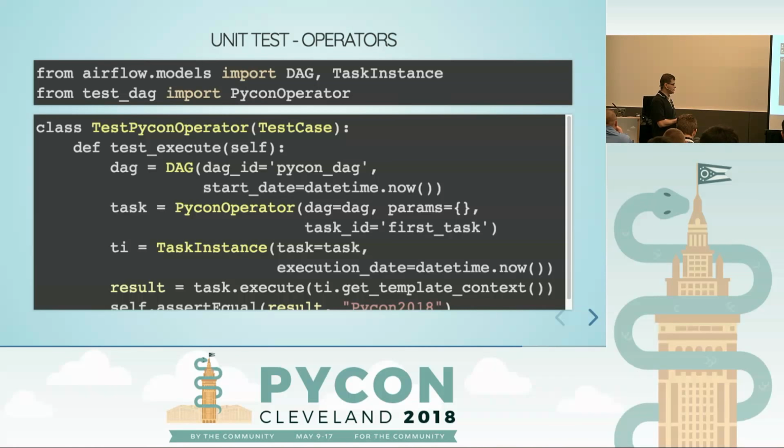So we're executing task.execute, and we're passing it this context argument that we've seen before based on the signature. So we're doing this ti get template context. And then we get a result back from our custom operator, and we can assert on that. This is a little bit cut off, but we can do the assert on it, and see that the result actually matches what we were expecting.